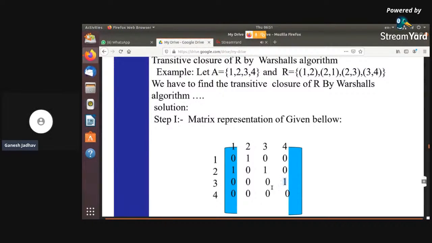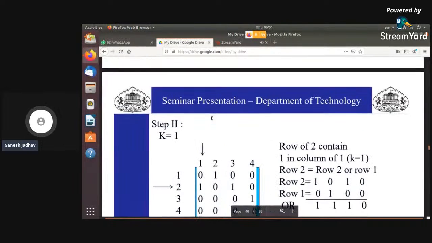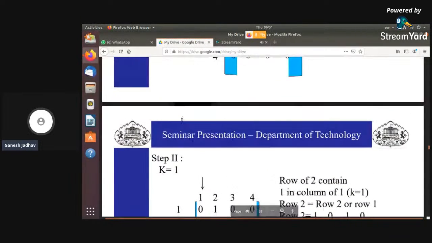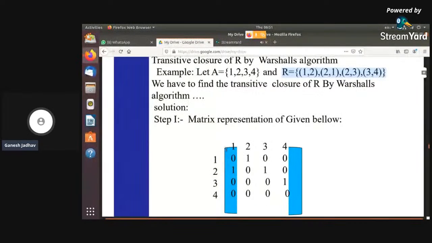That is ones, otherwise all are zeros. So you can write the matrix easily by using the relation. Step first is your matrix representation from the relation.